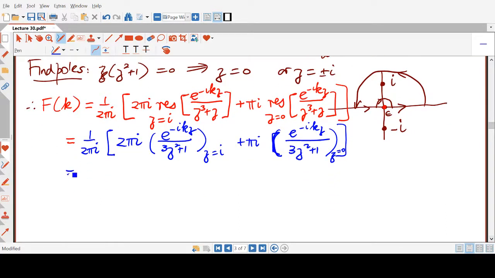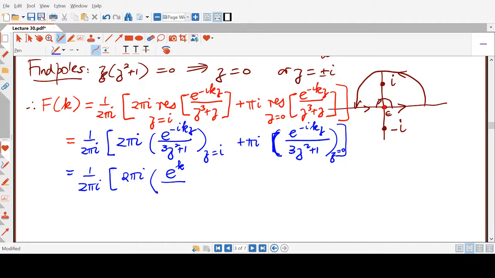And so now we are ready to finish it up. 1 over 2 pi i, this will be 2 pi i, plug in i here, so e to the minus i times i. Minus i times i will be minus i squared, which is 1, e to the k. No mistake. And here, 3z squared, 3i squared is minus 3.